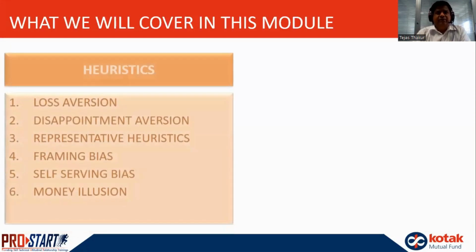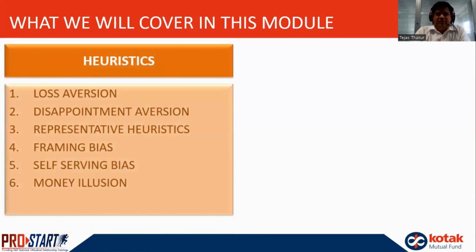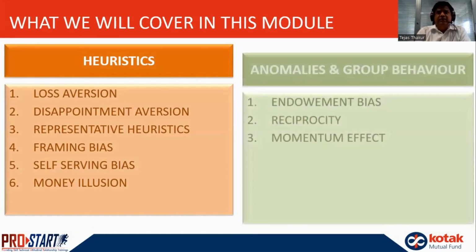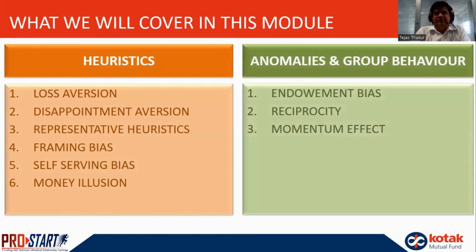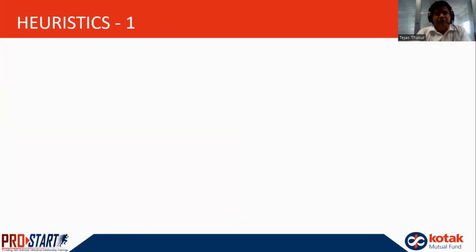We're going to cover the heuristics like loss aversion, disappointment aversion, representative heuristics, framing bias, self-serving bias, and money illusion. Along with this, three anomalies will also be covered, which are endowment bias, reciprocity, and momentum effect. With this, we would complete our two sessions on behavioral finance. So, heuristic number one, which we're going to discuss today.